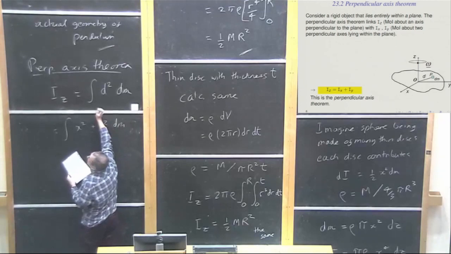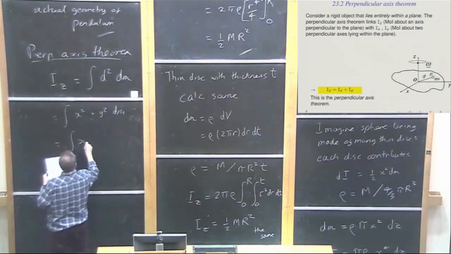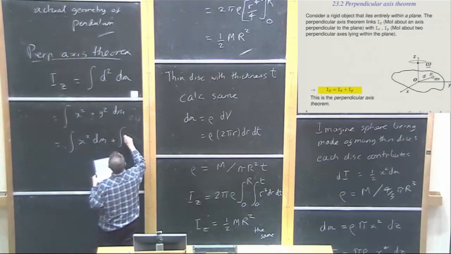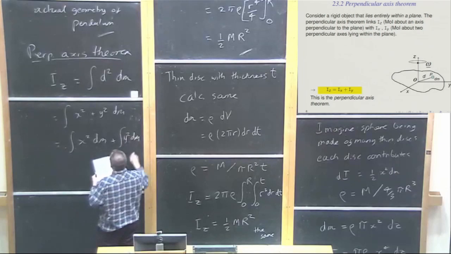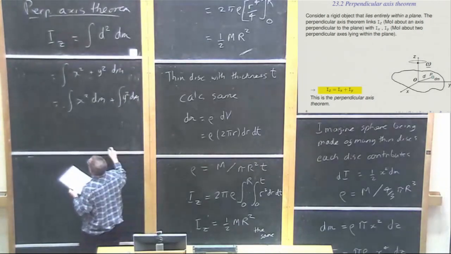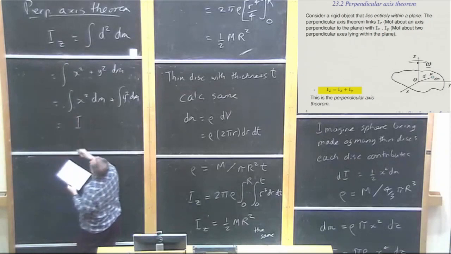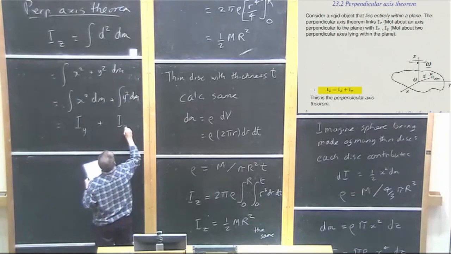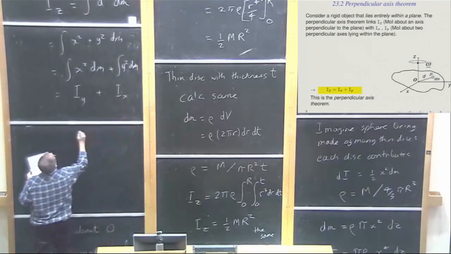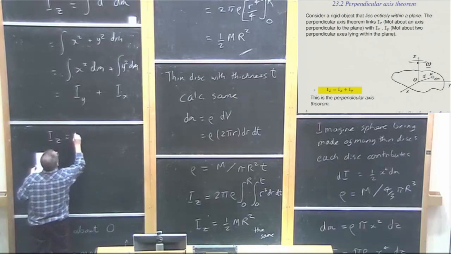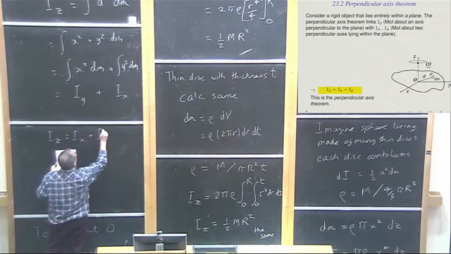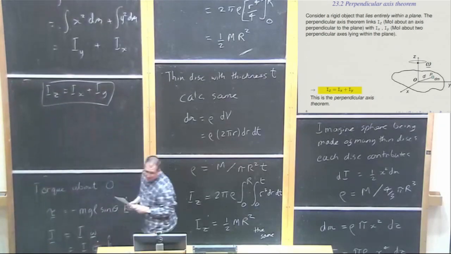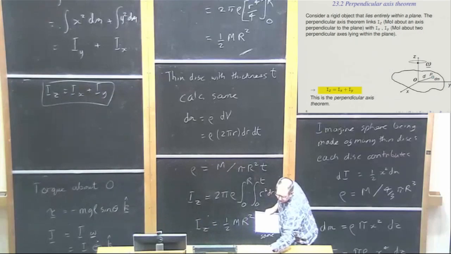So just to make things very obvious, that can be written as the integral of x squared dm plus the integral of y squared dm. And these look familiar. This is nothing more than the moment of inertia around the y-axis, and this the moment of inertia around the x-axis. So we have that Iz is equal to Ix plus Iy. Okay, that's one of the simplest proofs in physics.